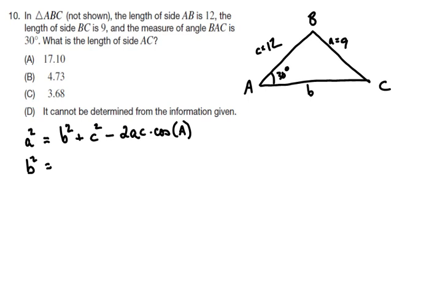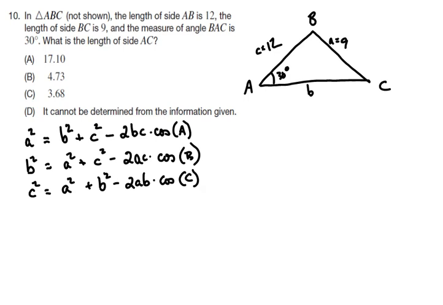The second form is when we are trying to find B and we know A and C and the angle capital B. Sorry, the first one should be minus 2BC times the cosine of capital A. The second equation would be minus 2 times AC.